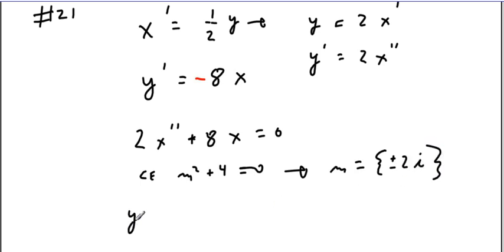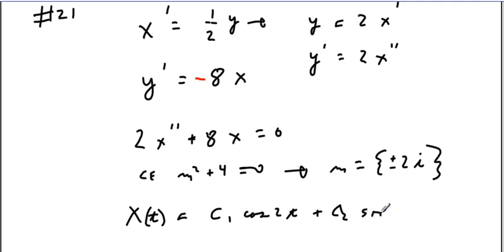And x of t is equal to c1 cosine 2t plus c2 sine 2t.